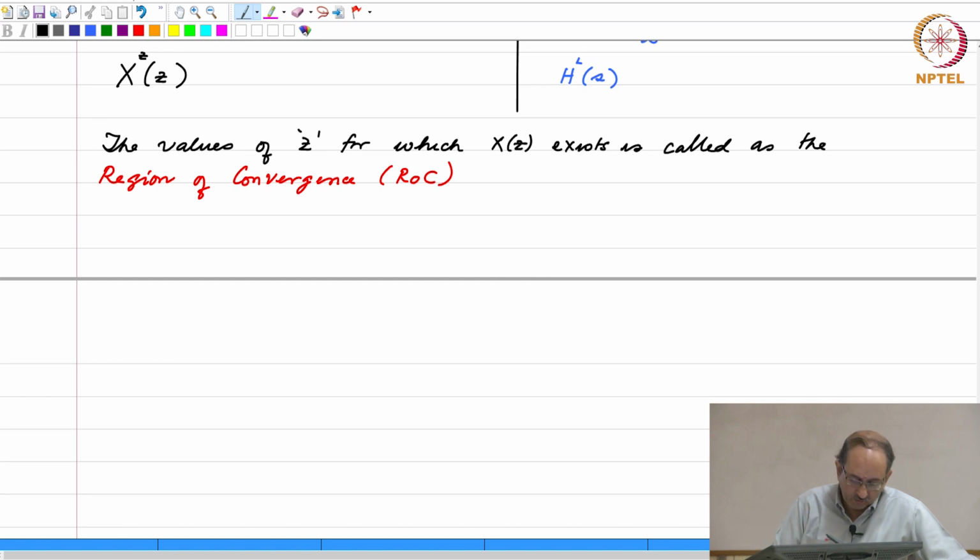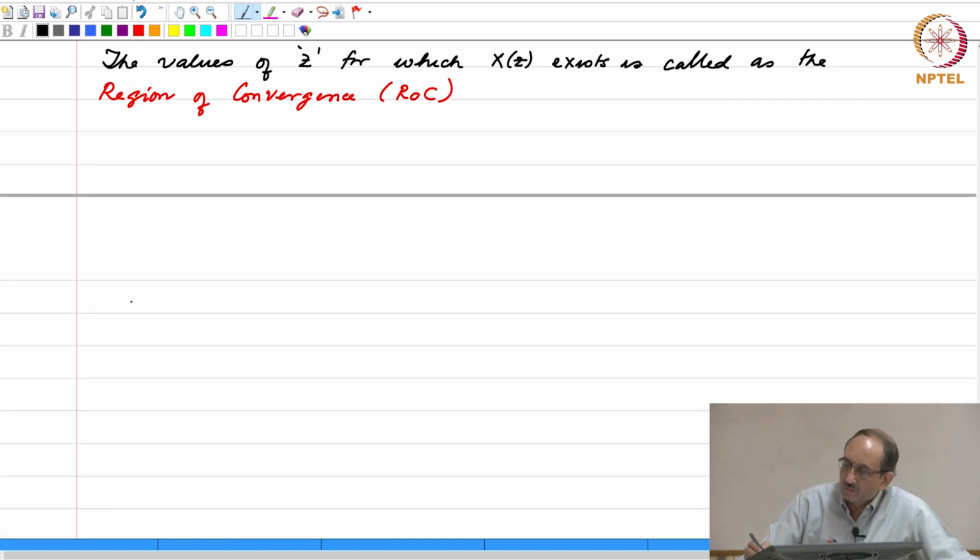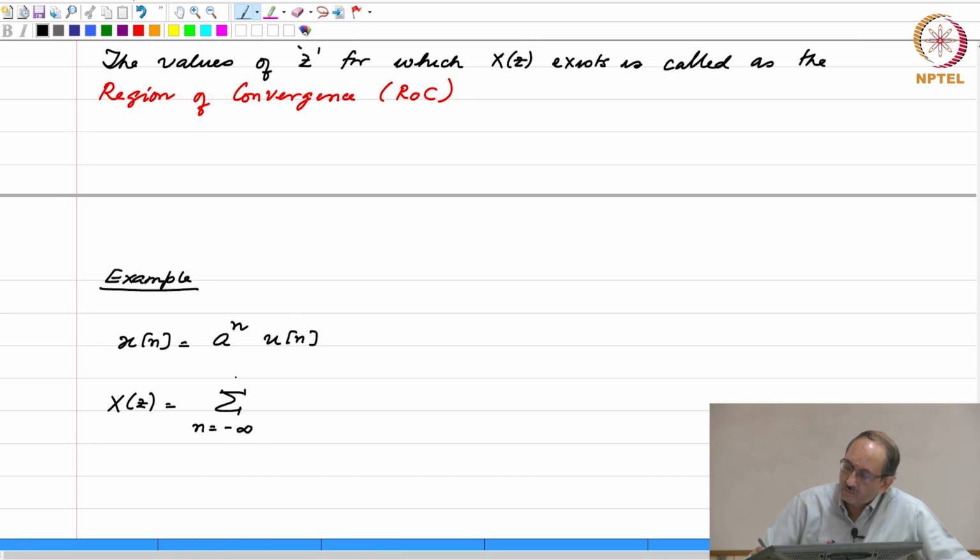The moment you have that definition, a simple-minded application of the formula, with x of n being a to the n u of n: X of z is of course the sum over n going from minus infinity to plus infinity of x of n z to the minus n.